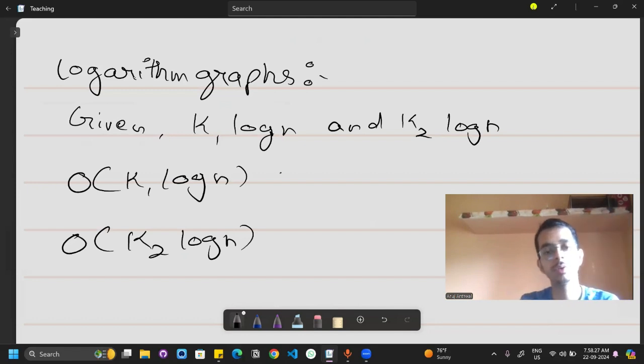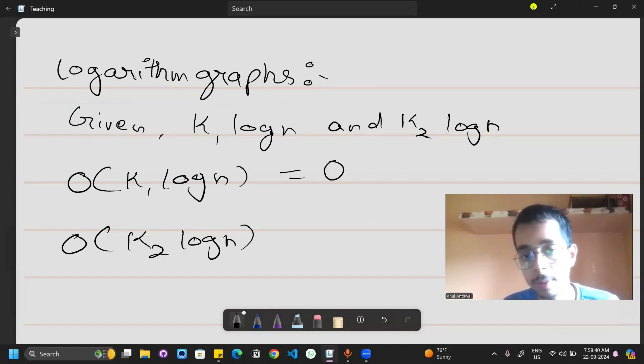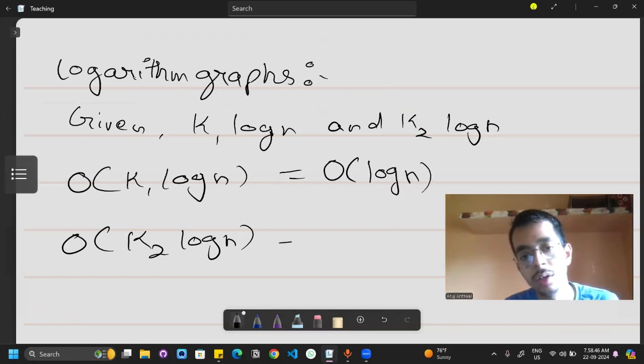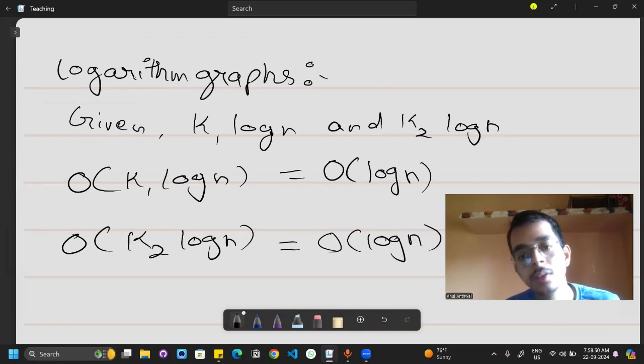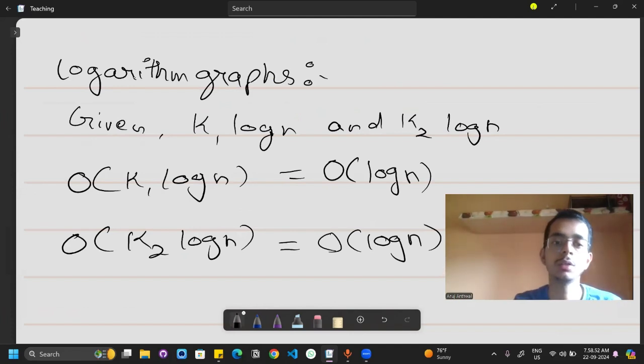If you look closely, the log n graph is going to correspond to the same nature. Ultimately, for the proper calculations, you are going to consider k1 and k2. But in a common man's sense, k1 does not matter. He's going to write log n, and for the order of k2 also it is that. So the order of both of them is the same.